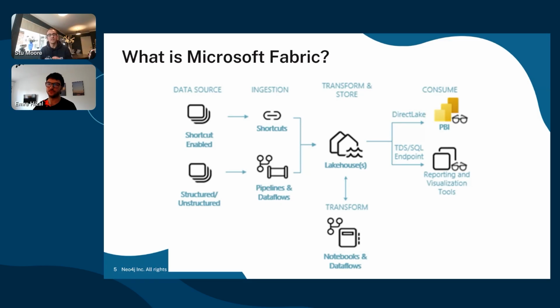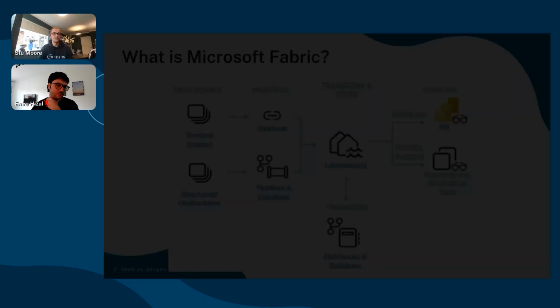So what we're going to hear about today is how Neo4j's Graph Intelligence enables you to transform data into a graph and then consume it through notebooks or through Explore or Query. And for those who are familiar with our Aura offering, you will see a large part of that here presented inside of Microsoft Fabric.